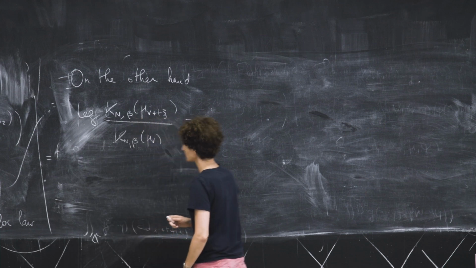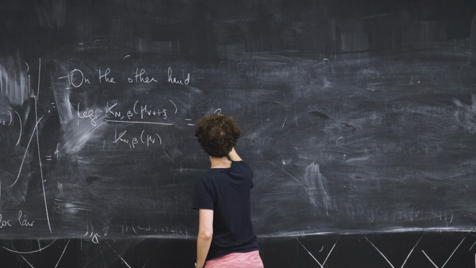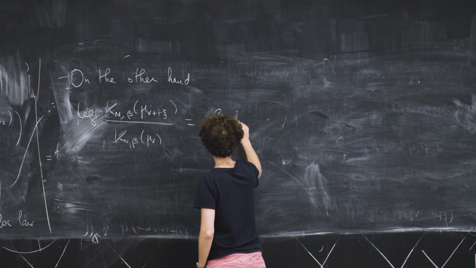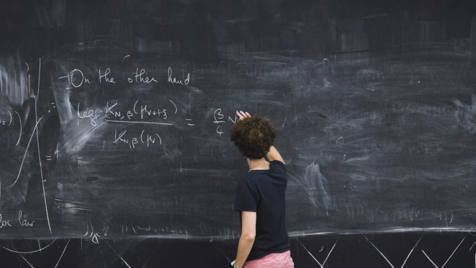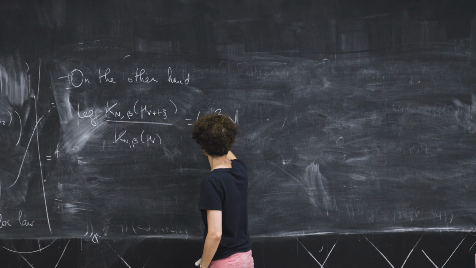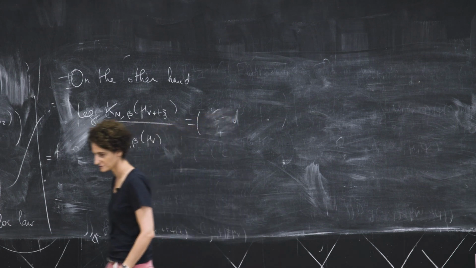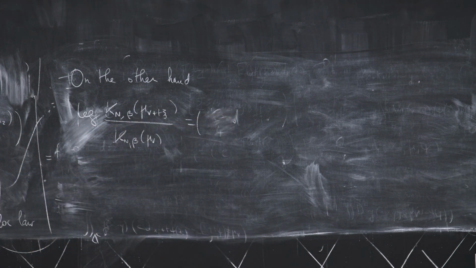was giving us something that was like beta over 4n. So the n log n terms disappear. And I think there is a factor in front, I don't remember actually, I should probably look at it. There's 1 minus beta over 4. Yeah, beta over 4 mu log mu.